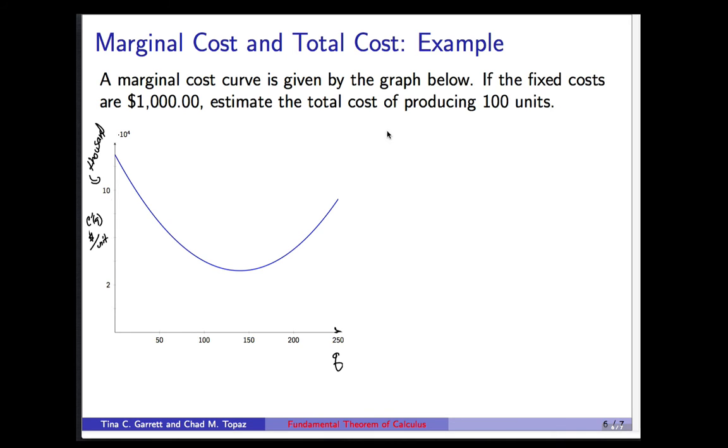Okay, so for fixed costs, and if you remember, that's essentially the cost of producing nothing, it costs us $1,000 to rent some space and get some insurance. And I want to know what's the total cost of producing 100 units.